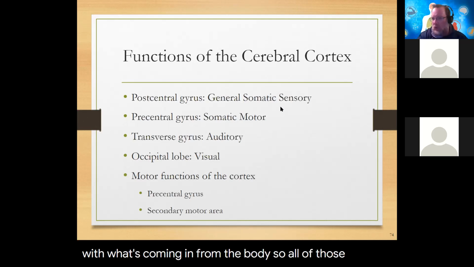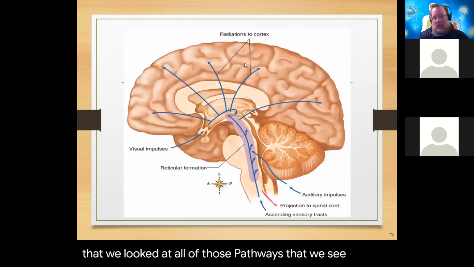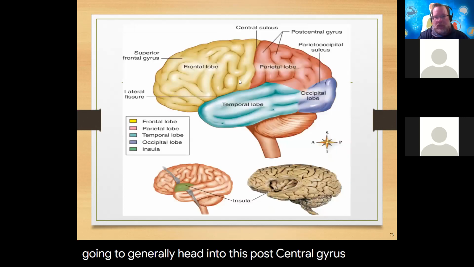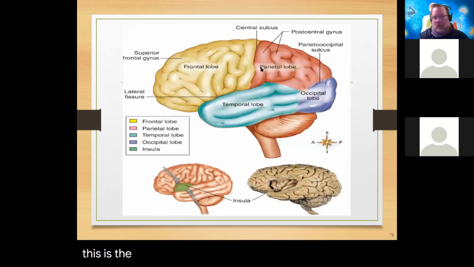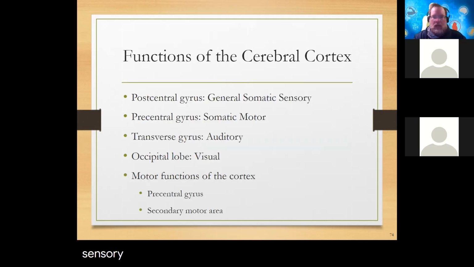All of those pathways that we looked at are going to generally head into this post-central gyrus. This is the area where we store a whole bunch of sensory information that's come from our bodies. It's the somatic sensory area.